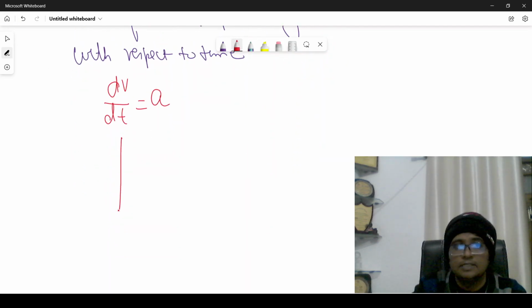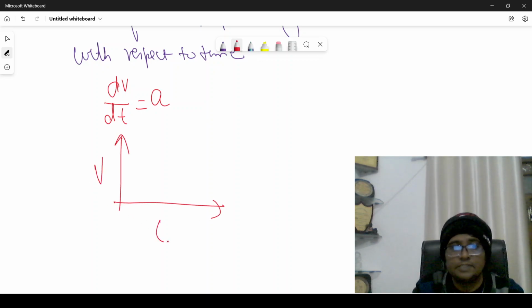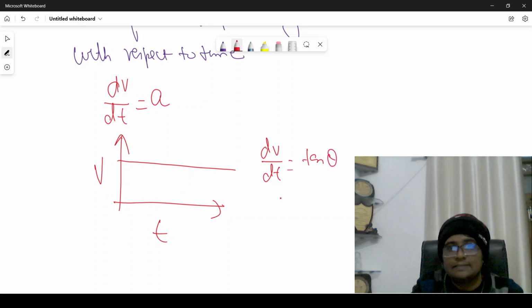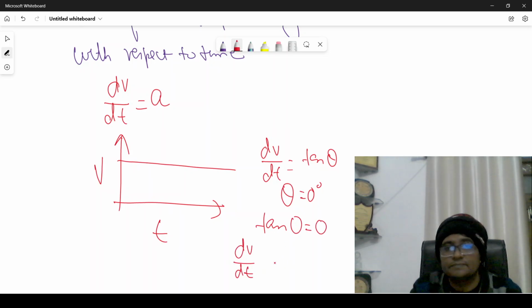Now here it is the same thing. Suppose you have got a graph like this, say v versus t, and it is going like this. It means that dv by dt is equal to tan theta. Theta is 0 degrees, so the tan value will be 0. It means that dv by dt is constant.